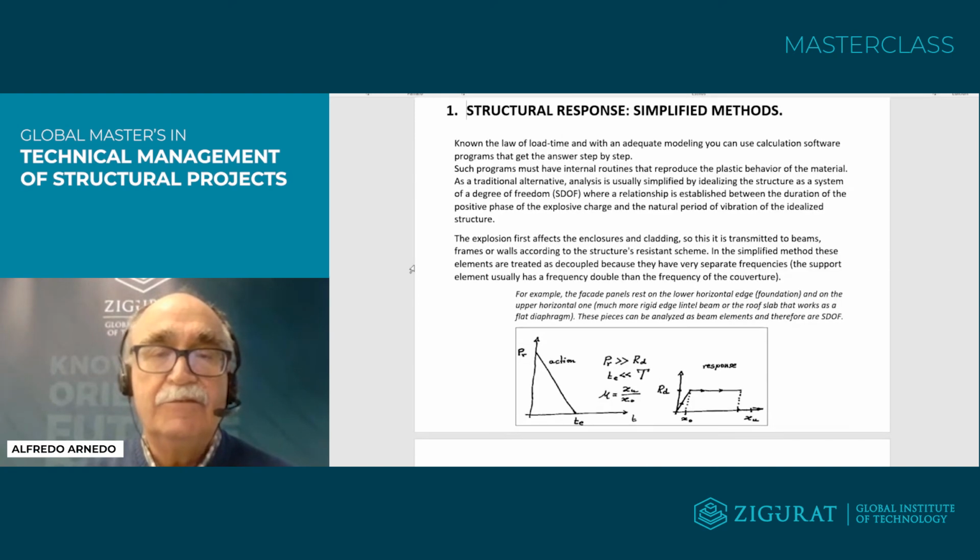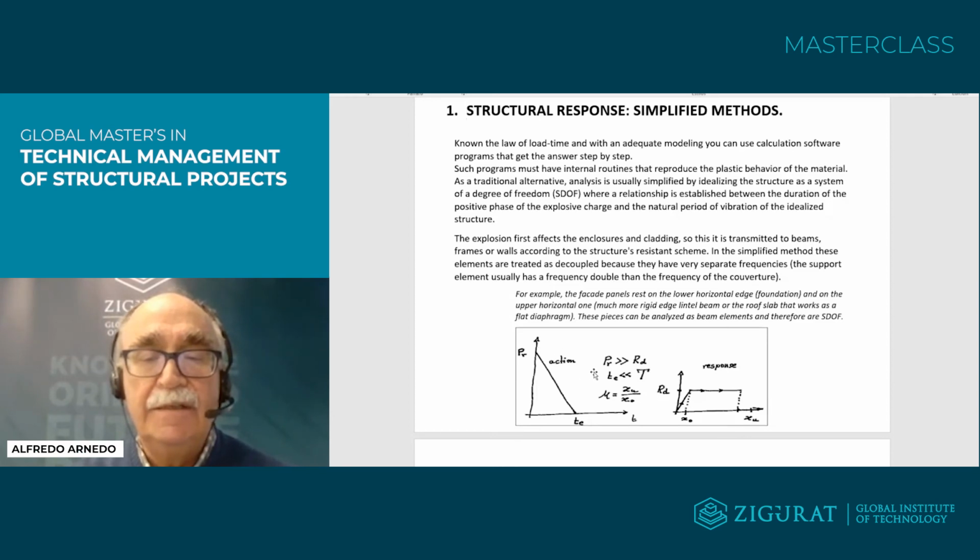Well, the structural response by means of simplified method is, as you can see at the bottom, to simplify the action we dealt with in the first part by means of a maximum pressure and a duration in relationship with the response of the structure.